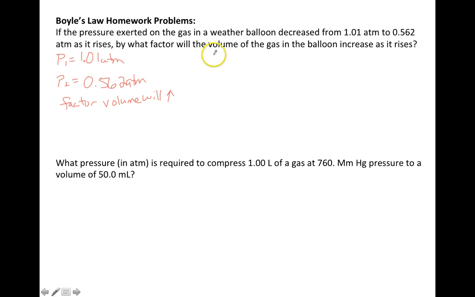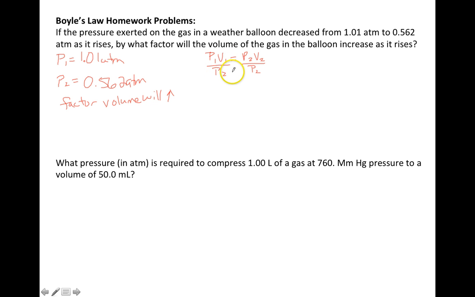So we know that P1 times V1 is equal to P2 times V2. Well, if I'm looking for the relationship between the two different pressures, if I divide by P2 and I divide by P2 over here, I'm going to get P1 over P2.